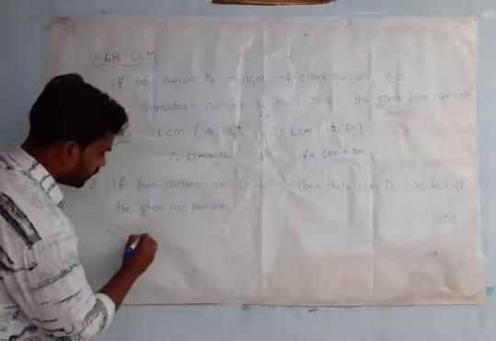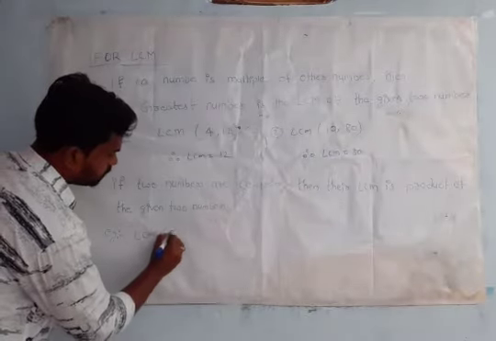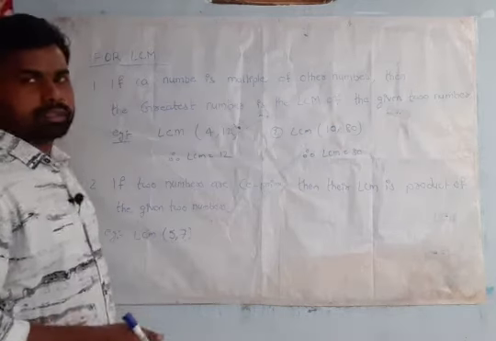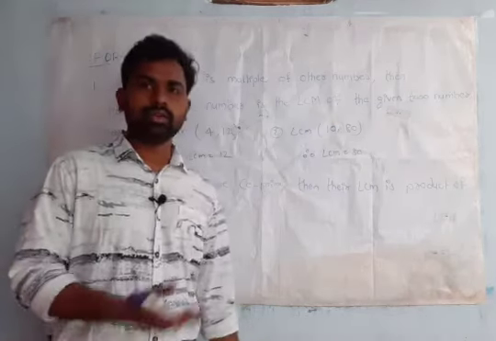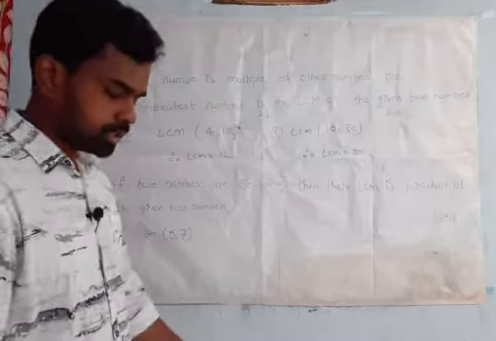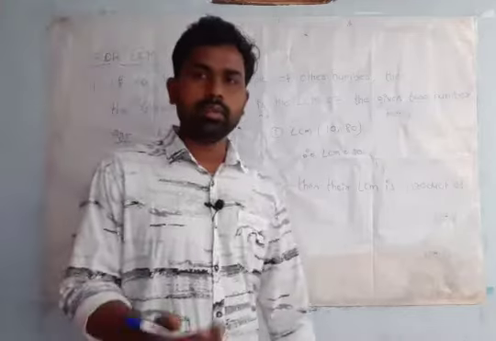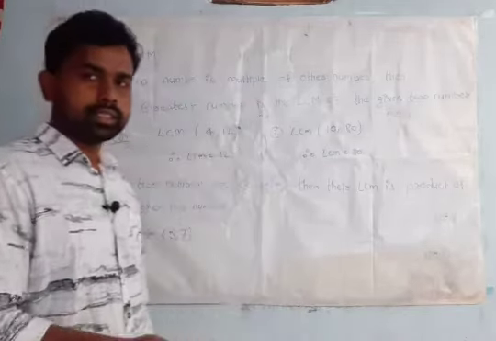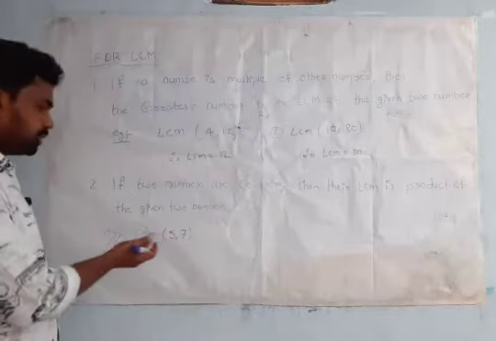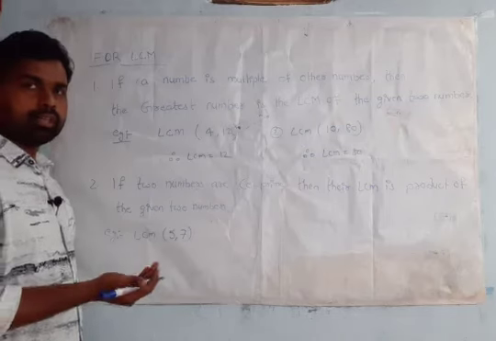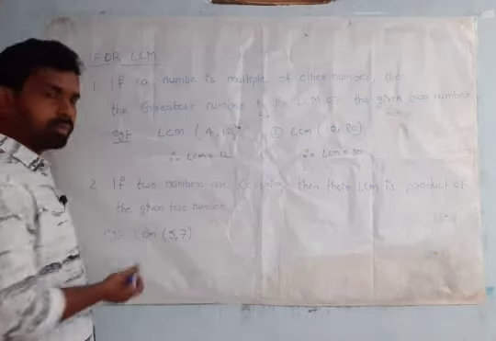Suppose, for example, find the LCM of 5 comma 7. All prime numbers will come under co-prime numbers only. Yes or no? If we write the prime numbers, it will have only two factors, one and itself. So obviously, the common factor will be only one. That means these are co-prime numbers.